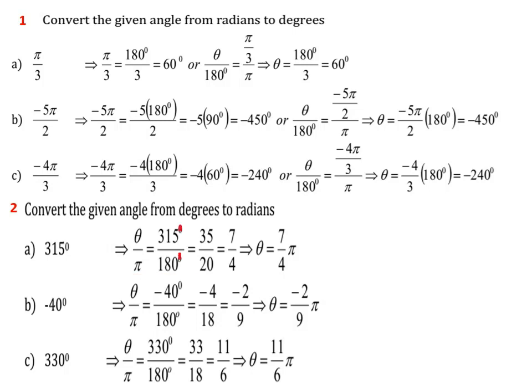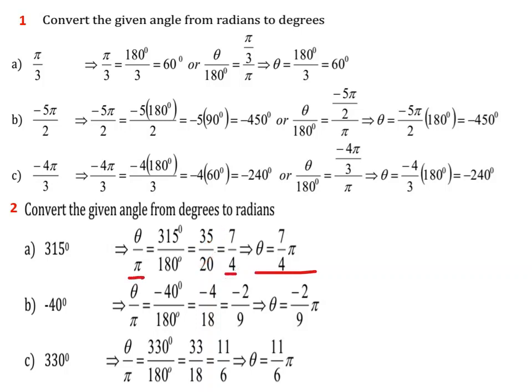Then theta is 315 degrees times pi, the whole over 180 degrees. By simplifying this, we have 35 over 20 times pi, which equals 7 over 4 times pi. This implies that theta is equal to 7 over 4 times pi.